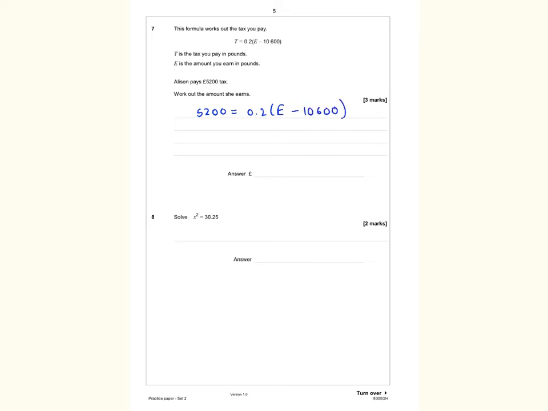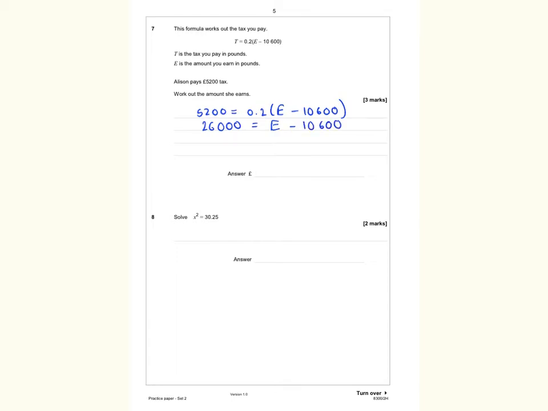Okay, so I might want to divide by 0.2 on both sides, and I might want to use a calculator for that. So 5,200 divided by 0.2 is 26,000, and that's equal to the amount that she earns, take away 10,600.